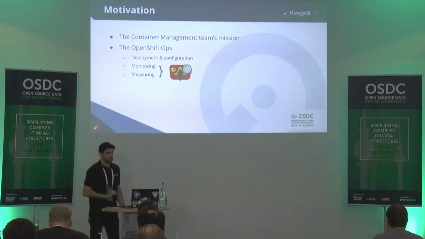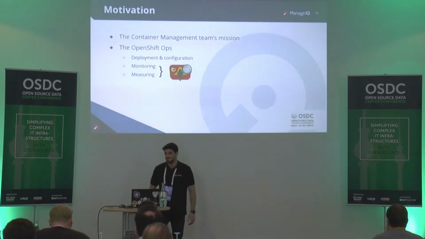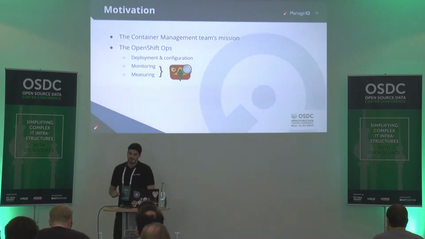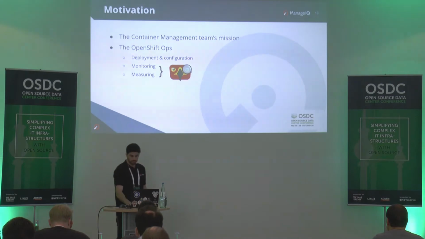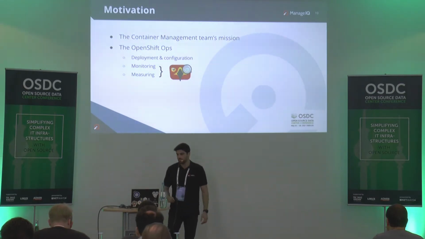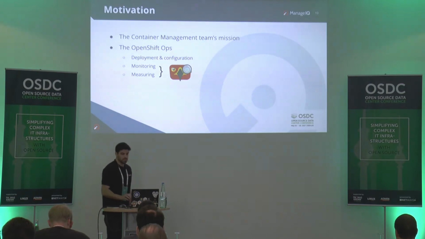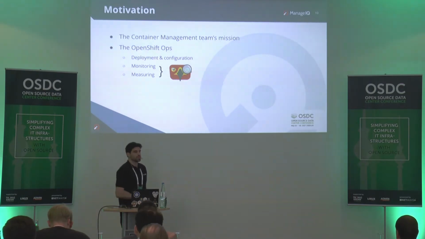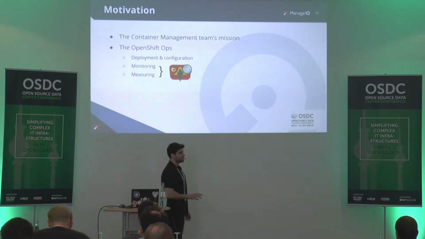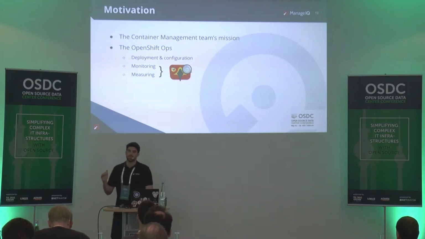For these last two, they're using Hawkular. Hawkular is an open source time series database by Red Hat. It is Cassandra-based. And this time series database is running inside the cluster and stores all the metrics for the OpenShift cluster. If you want to store metrics, probably a time series DB is the solution for you, where every row is basically a timestamp and a value.